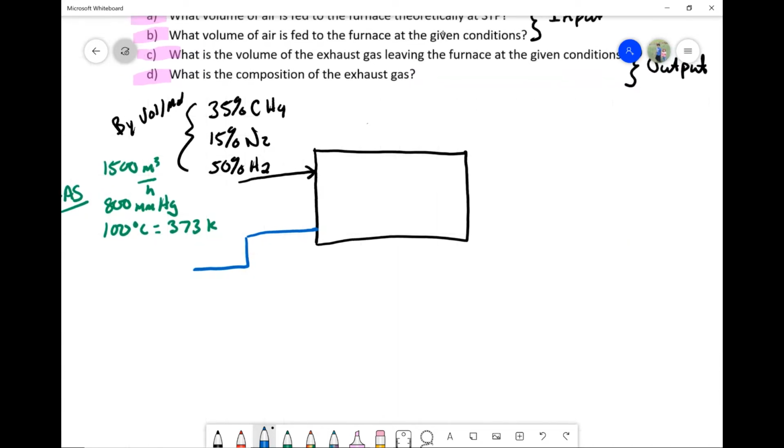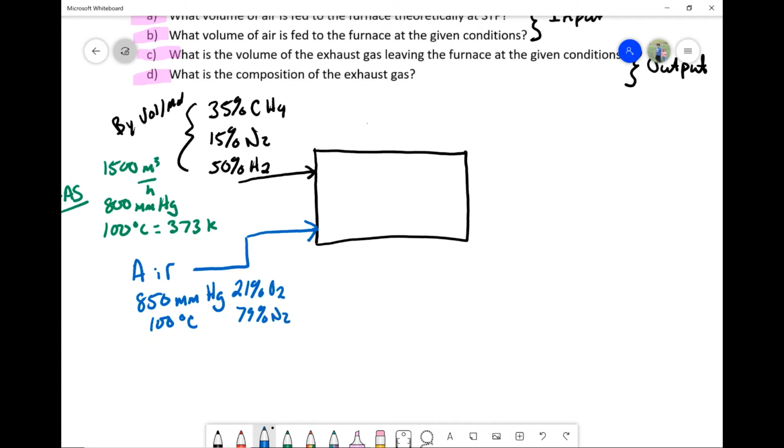We have another stream of air, and the air is 850 millimeters of mercury and 100 degrees C, excuse me, degrees C, not percent C. I was getting ahead because we know that air is 21% O2 and 79% N2.